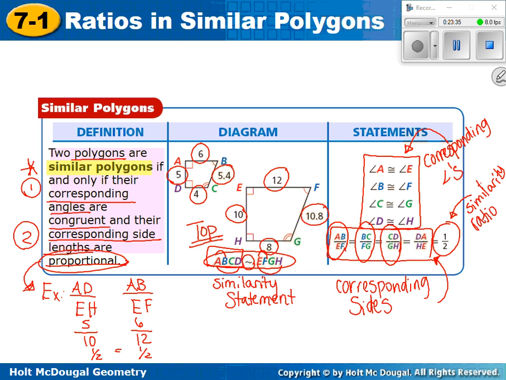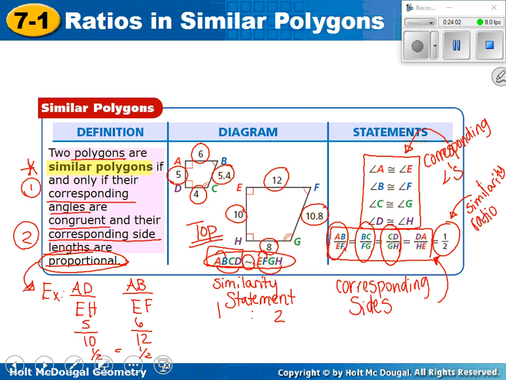I'm going to say that again. Whichever one's named first has to go on top in your fraction. Otherwise, you're going to say that this one relates to this one, and if you flip it over, it's going to be a ratio of 2 to 1. But this shape is not 2 times this shape, right? So you need your ratio to make sense to what you said. So this shape compared to this shape is in the ratio of 1 to 2.